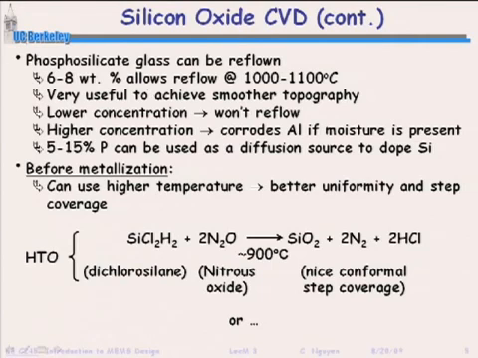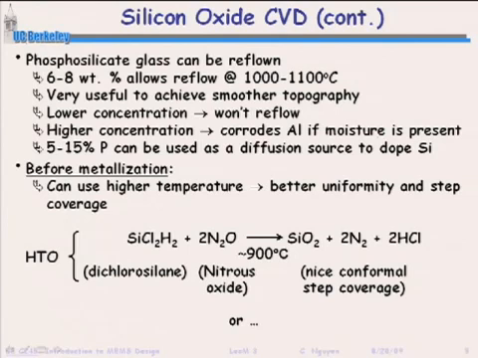Okay, so it corrodes aluminum if moisture is present because it forms an acid. You get an acid around the aluminum that's like a phosphoric acid or so, and that starts corroding the aluminum there. Okay, so there's a lot of different processes here where you use phosphorus. In MEMS, we're usually doing 6 to 8 weight percent and doing this process to reflow it.